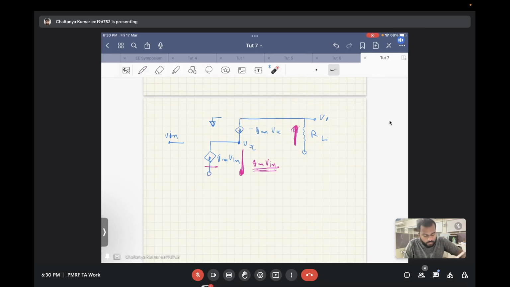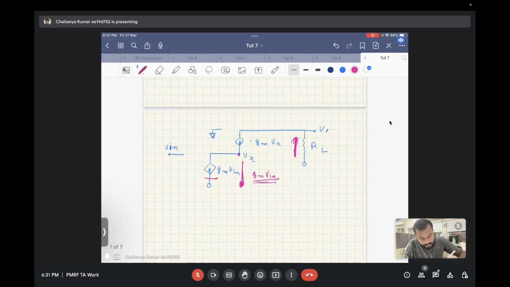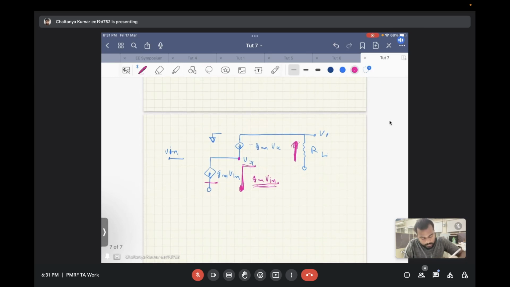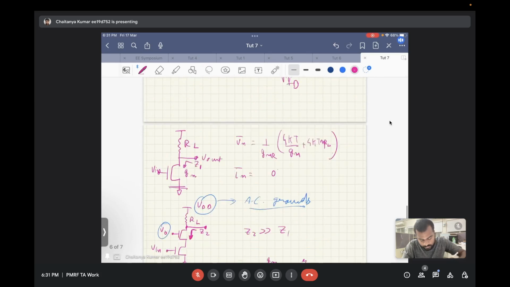According to KCL, Kirchhoff's current law, the current flowing through this load resistor will also be Gm times Vin. And so the voltage Vx will develop accordingly. Since Gm times Vin current has to flow through this transistor, the voltage Vx will be equal to minus Vin. And why is this happening?